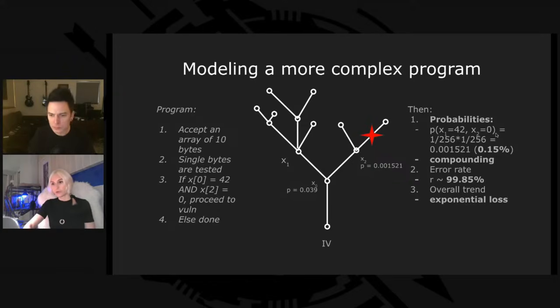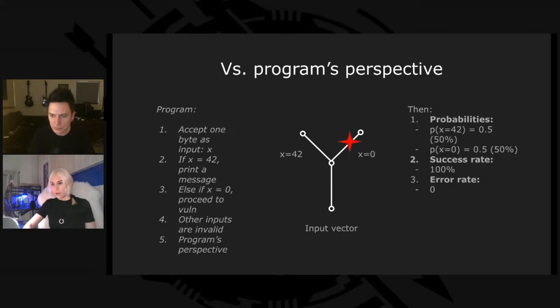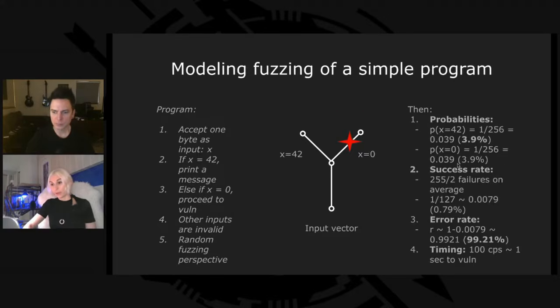This directly follows from the probability theory that I mentioned in the previous slide. So in the case of this slide, the second layer of branches will have a very small probability, around 0.15%, in contrast to 3.9%.